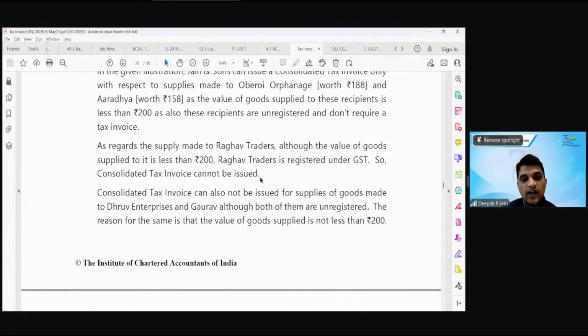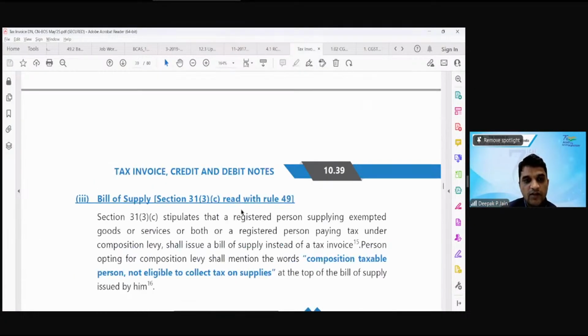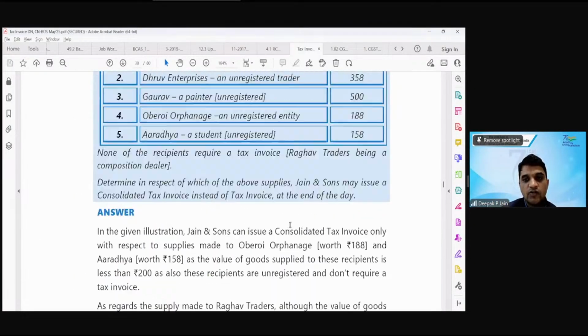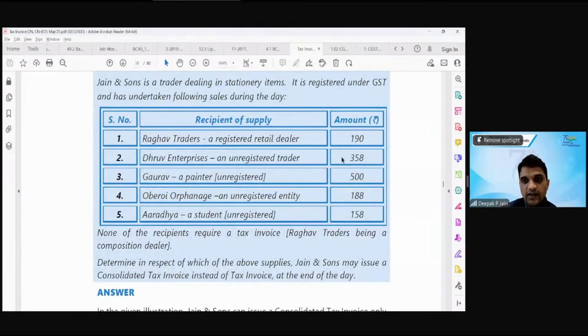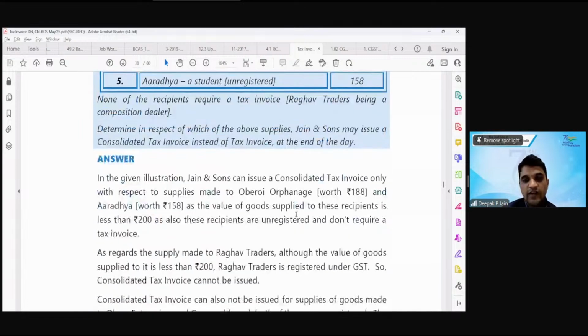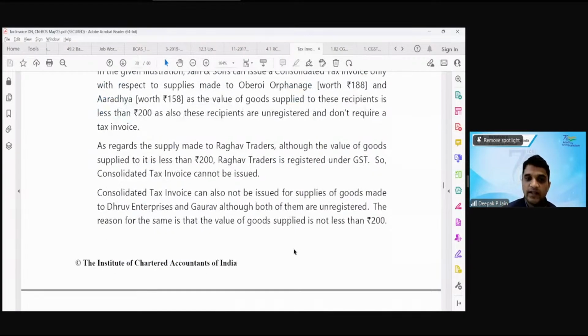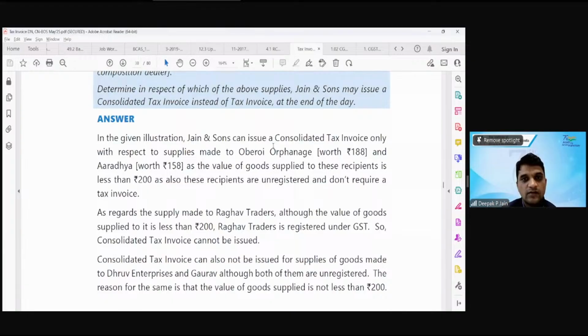So in case of Raghav Traders, he will issue a separate invoice. And in case of these two traders who are unregistered and the value is less than 200, there it will be consolidated. For these 358 and 500, individual invoices have to be raised. Clear?